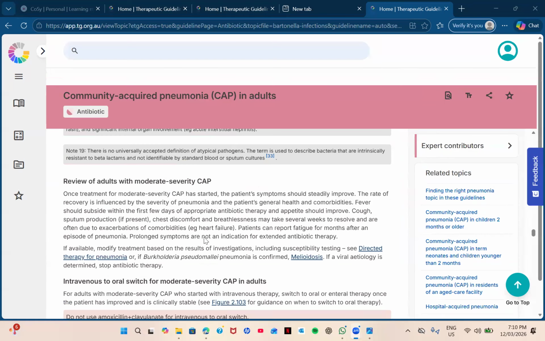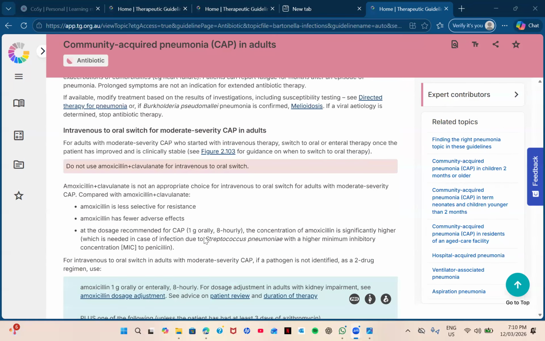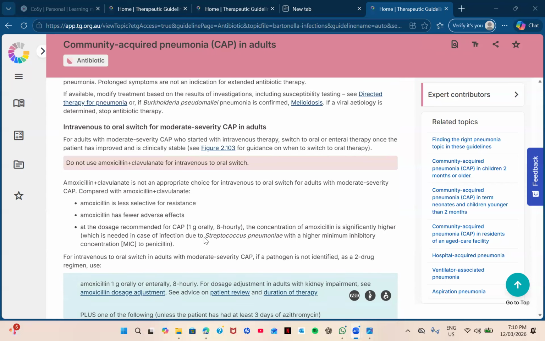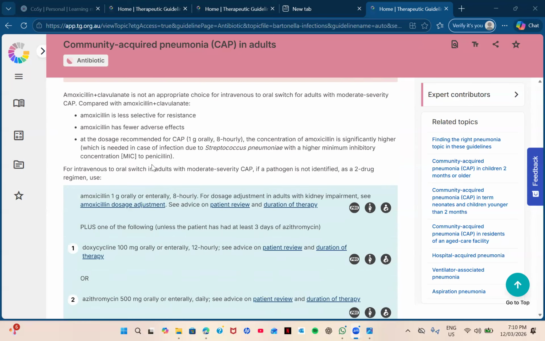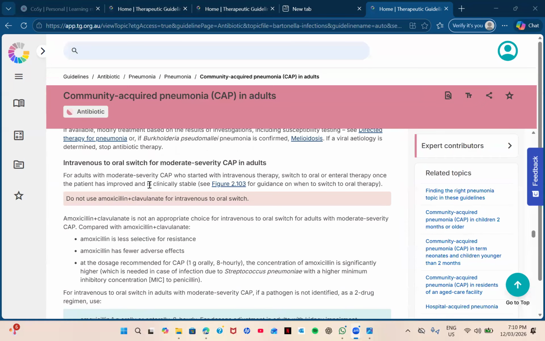So now tell me, no need to go through this one again, okay? If the patient is on intravenous therapy and is progressing, we have to change to oral therapy, right?